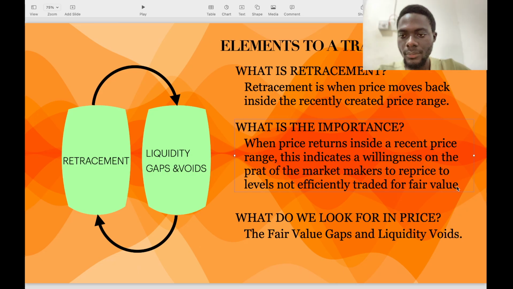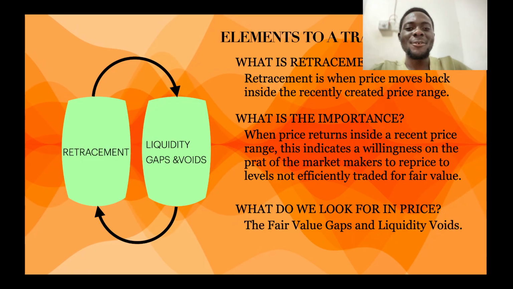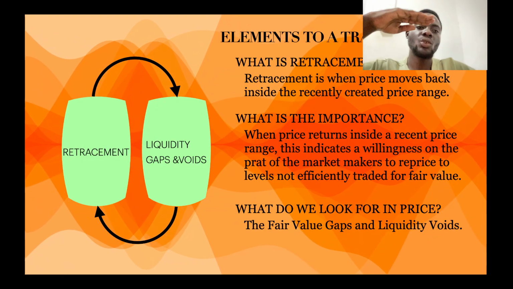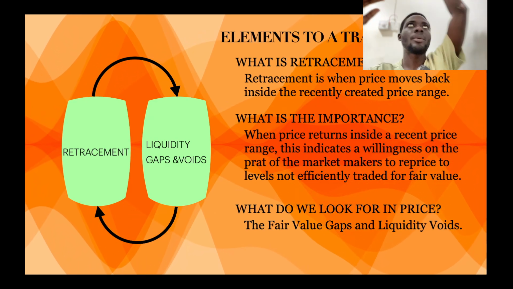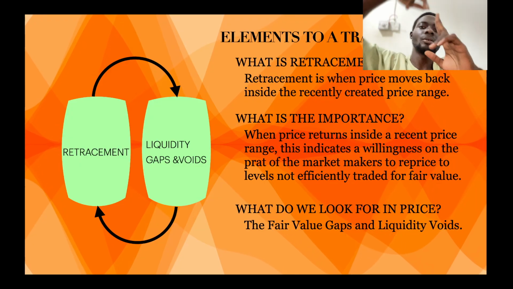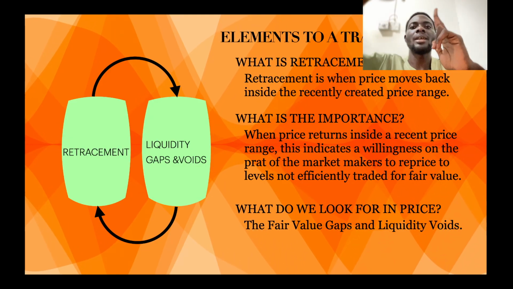So when price returns inside a recently priced range, it goes out of this range. So now it's up, and then it retraces down. It goes up out of the consolidation, then retraces down.